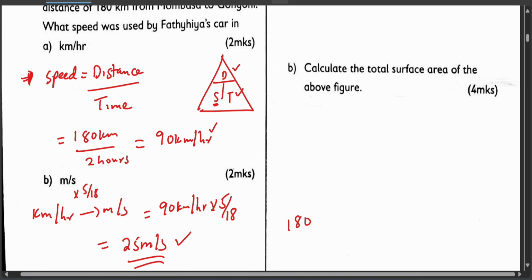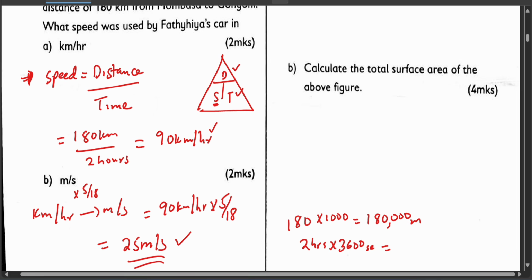You can also observe 180 if you change it into meters, because 1 kilometer is equal to 1000, you get 180,000 meters. If you change the hours into seconds, you multiply it by 3600, because for every 1 hour you have 3600 seconds.